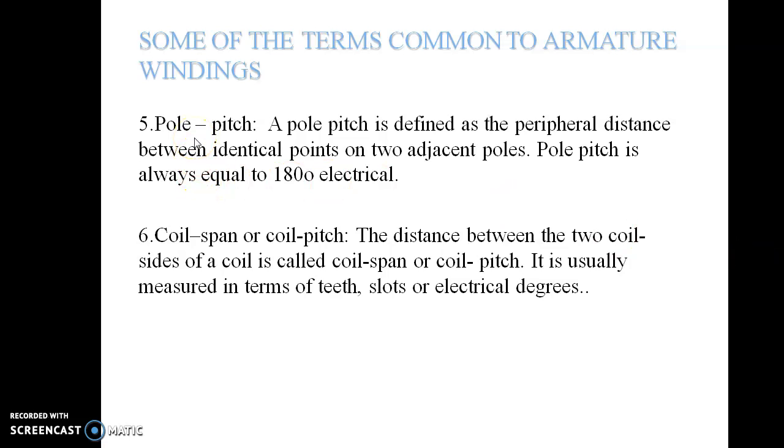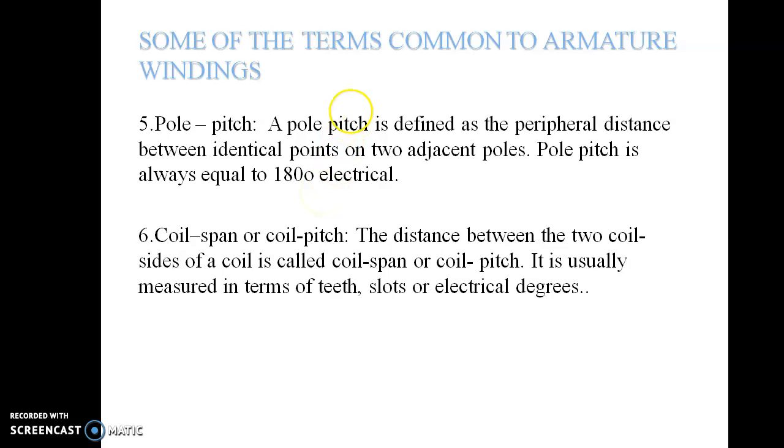Next is, what do you mean by pole pitch? Generally, pitch refers to the distance, the span we can say. A pole pitch is defined as the peripheral distance between identical points on two adjacent poles. Pole pitch is always equal to 180 degrees electrical.